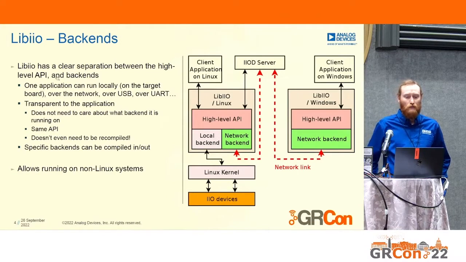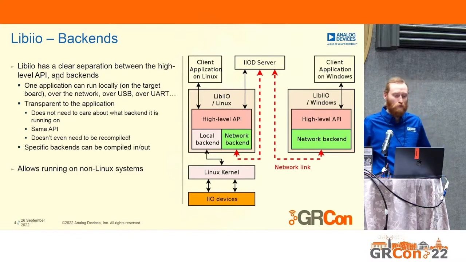You have a backend to talk over USB, over UART. And all of this is transparent to the application. The API is the exact same. So one application, you can even compile it and interchange the backends. If you design your application to run over the network, you can then run it over USB, it totally works. It also allows us to run applications on non-Linux systems.